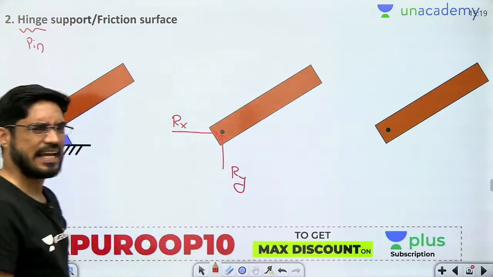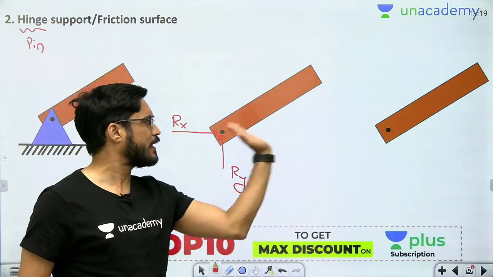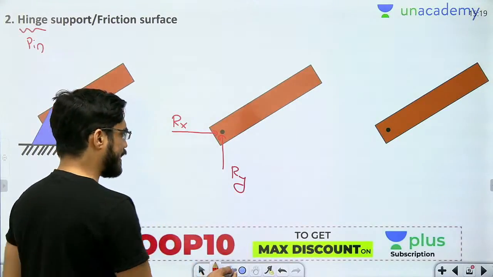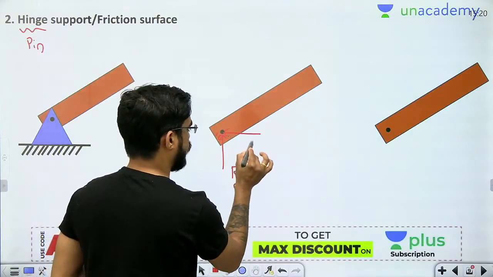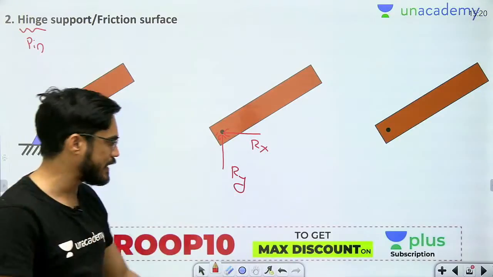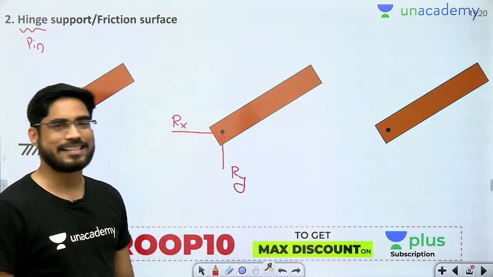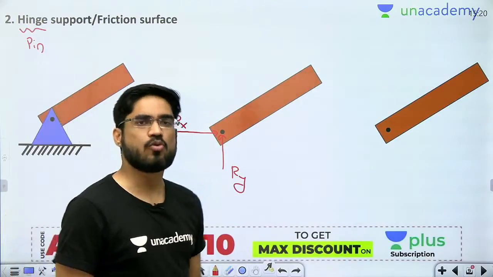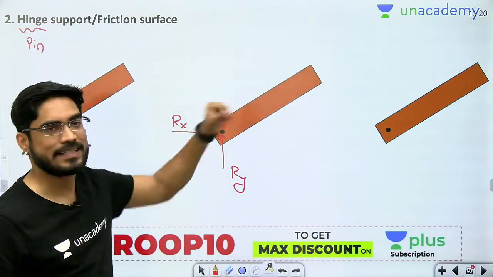Now if you are thinking, how do I know that Rx is in this direction? Rx can be in this direction also. Yes beta, very true. Rx को आप किसी भी डायरेक्शन में ले सकते हो. It is not necessary that Rx will be in this direction only. Whenever you need to know the direction of reaction, what do you do? You assume any direction. Let's say I am assuming Rx to be right side.